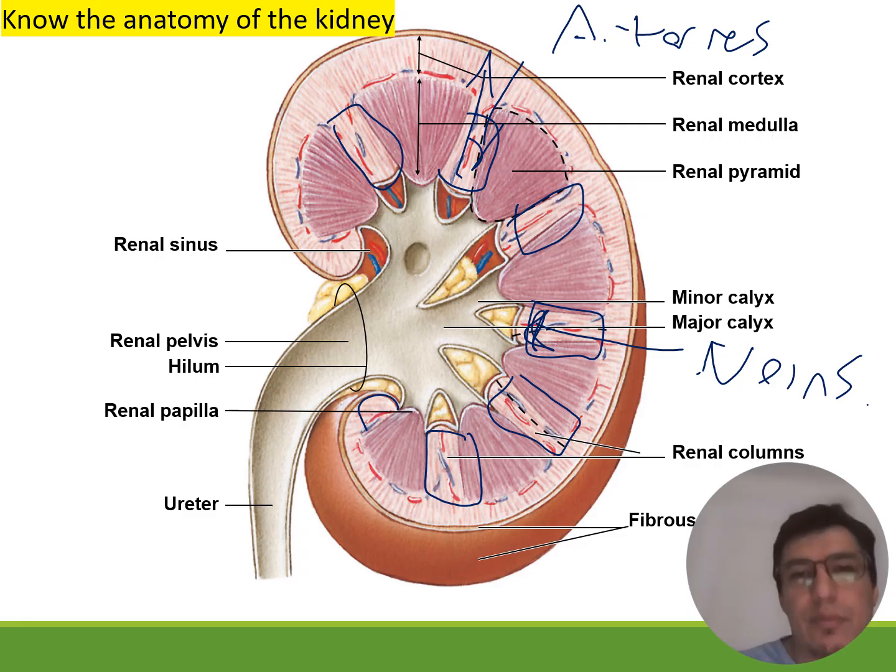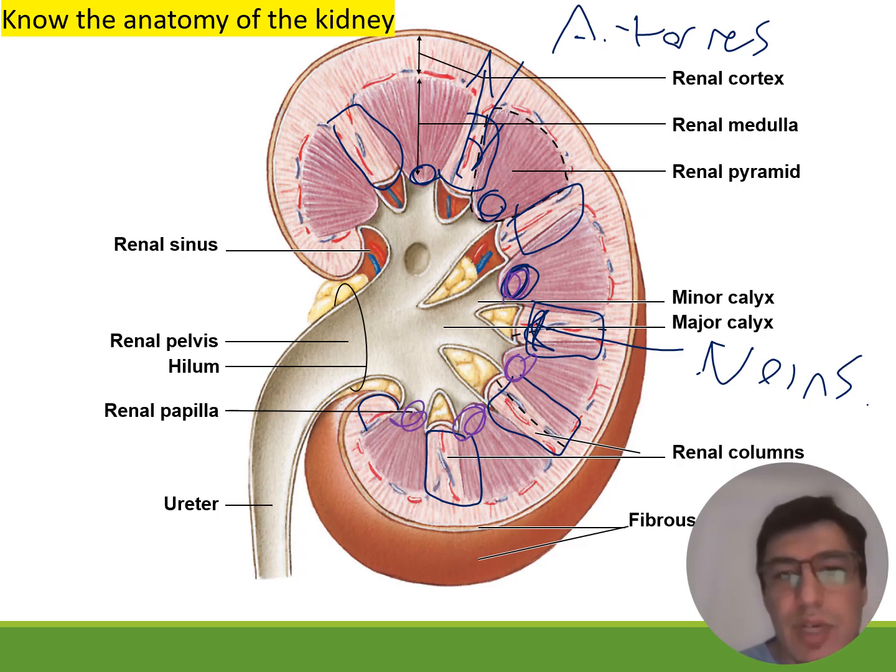As we filter the blood that is going to the cortex and it travels down through the renal pyramids, we get to a section called the renal papilla, which is the very end of the renal pyramid. The renal papilla collects the urine, and then the urine drops into a minor calyx. The minor calyx is the collecting duct right after the renal papilla.